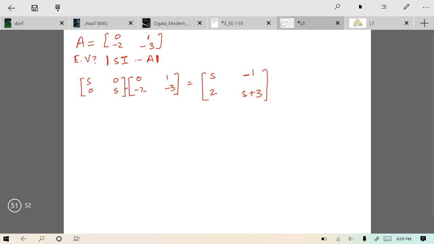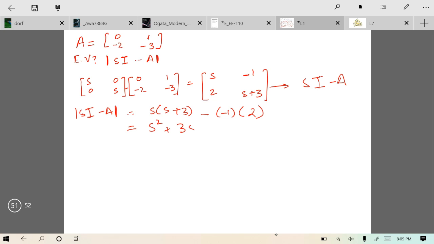Now when I take its determinant, the determinant of sI minus A is equal to s into s plus 3 minus 1 into 2, which is s square plus 3s plus 2.